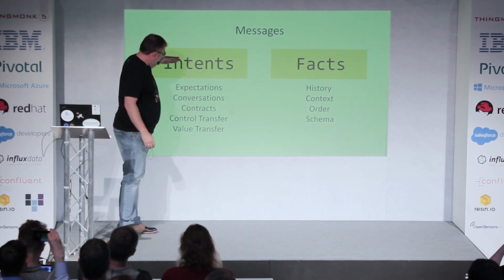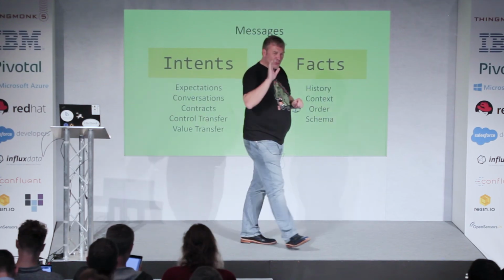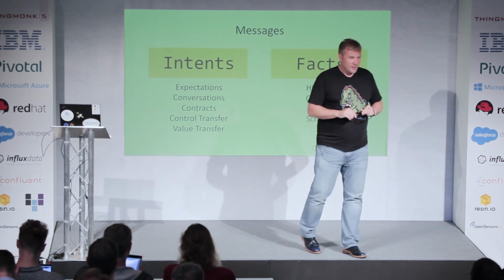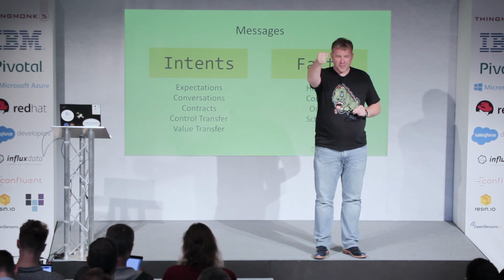Intents, facts. With intents, you have expectations, you create conversations, you have contracts that you form, both in content as well as in mutual behavior. You do control transfers, and you do value transfers. What's also very important, in these intents, you may do a value transfer. What is a value transfer? You do a bank account operation. A bank account operation that you do on a messaging system, that message carries the value.